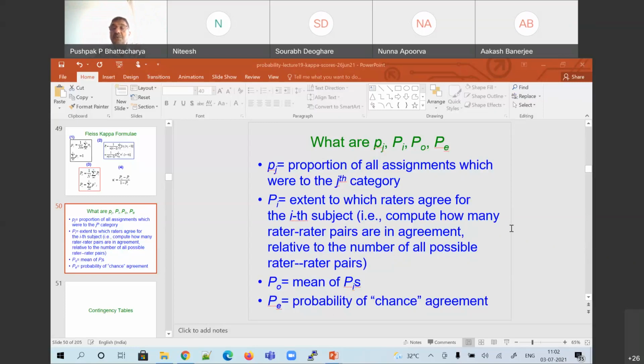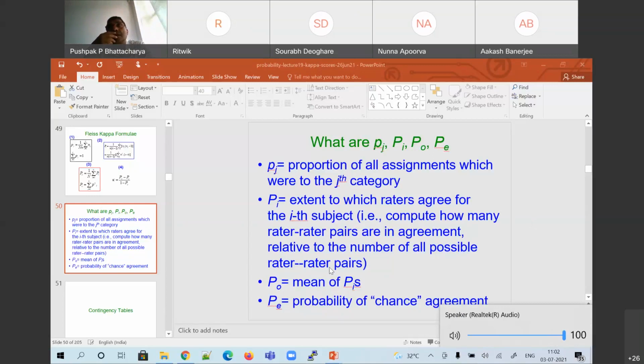Where does ground truth come in the Fleiss table? What is the meaning of this question? Ritik, can you elaborate? Sir, in case of Cohen's Kappa, we separate the portion which is the actual truth, the true value of data points, and the annotated value of data points, isn't it?